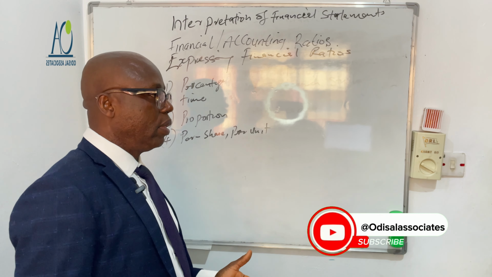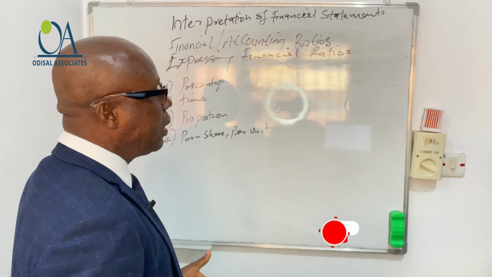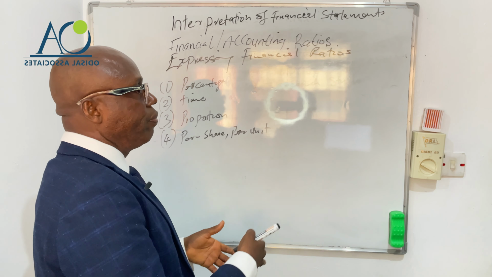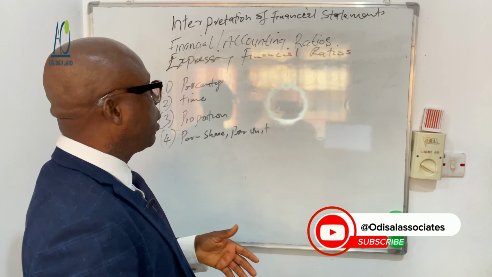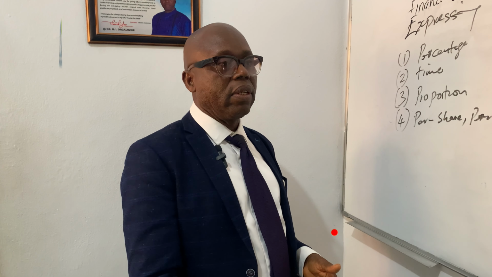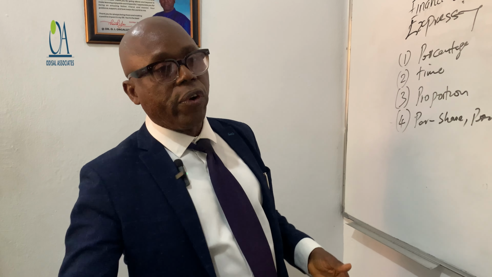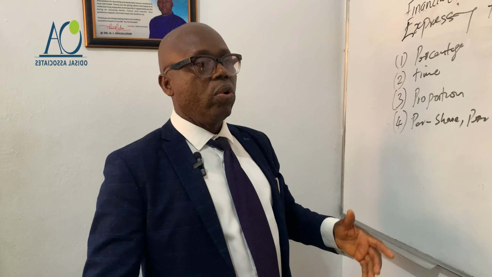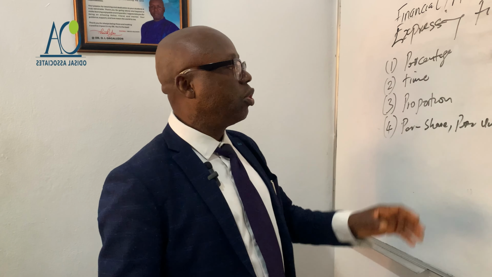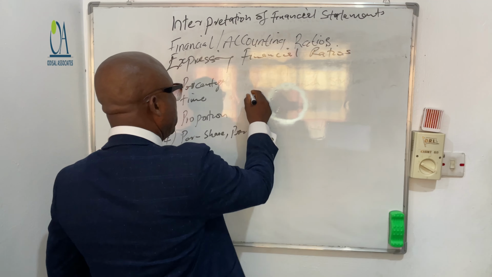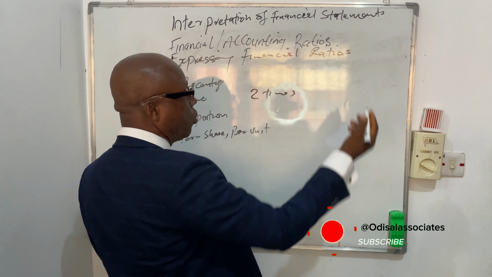For instance, we can say that the net profit of a company can cover the interest 3 times or 4 times. So the figure you get in the computation of a ratio can be expressed in times, like 2 times or so.